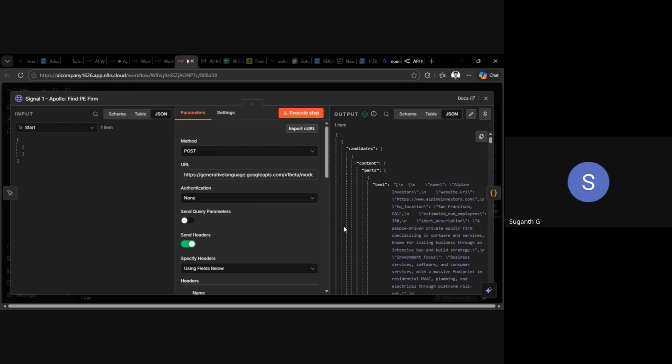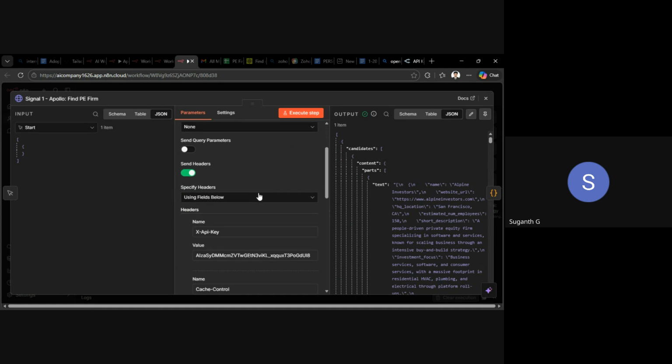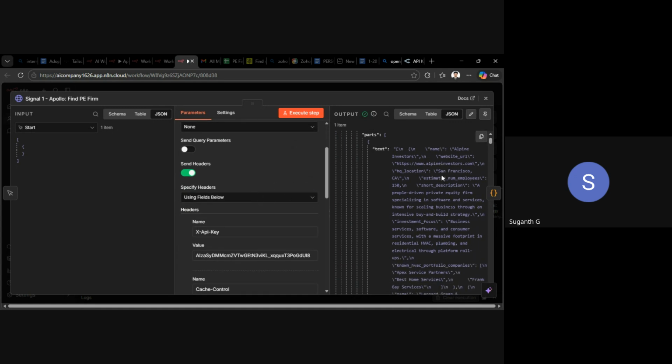So we rejected that approach, and we approached with Gemini. So we can get the PE firms lists only. Here we used the Gemini API and searched the PE firms data, sir. So we will get only PE firms without the venture capitalist data.